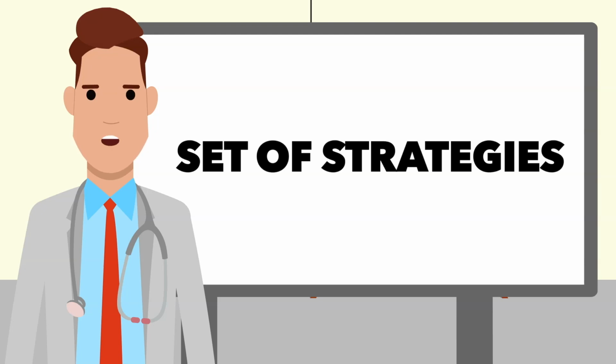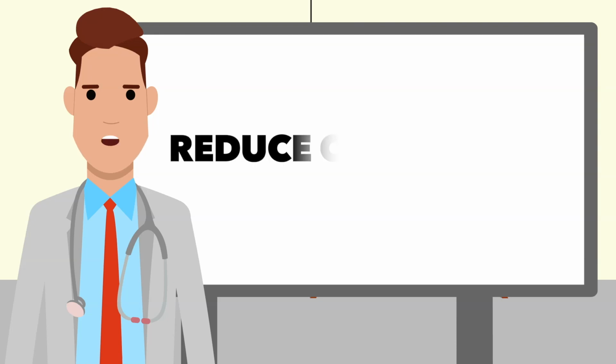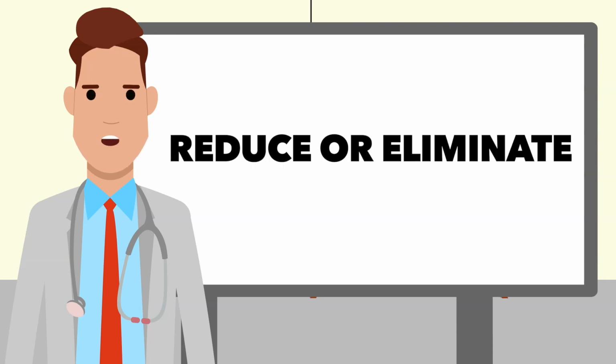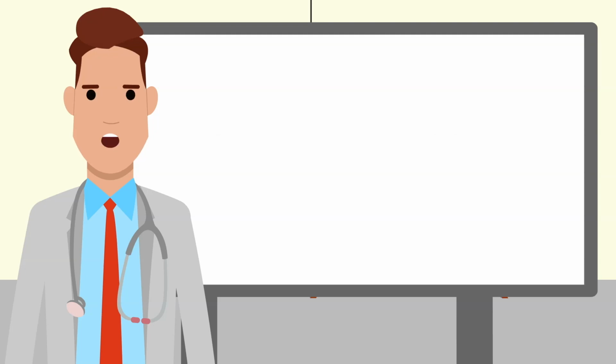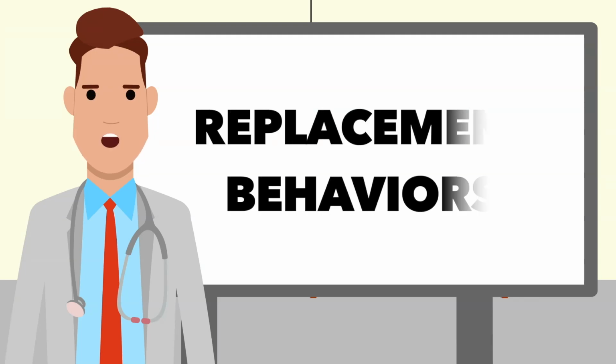The plan should include strategies to reduce or eliminate the undesired behavior, while at the same time teaching more socially acceptable behaviors called replacement behaviors. The more the replacement behaviors are worked on and consistently supported by family, teachers, and friends, the more likely it will be for the intervention plan to be successful.